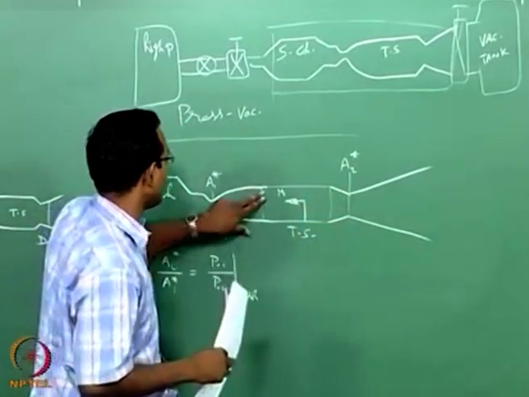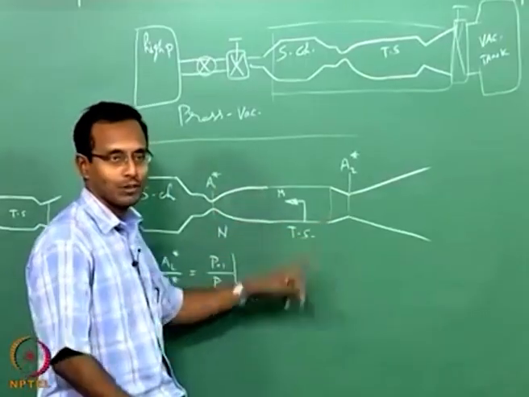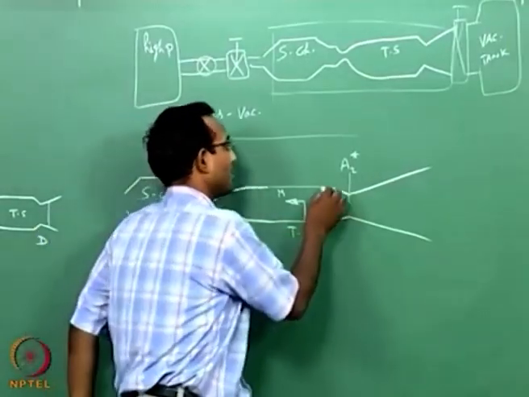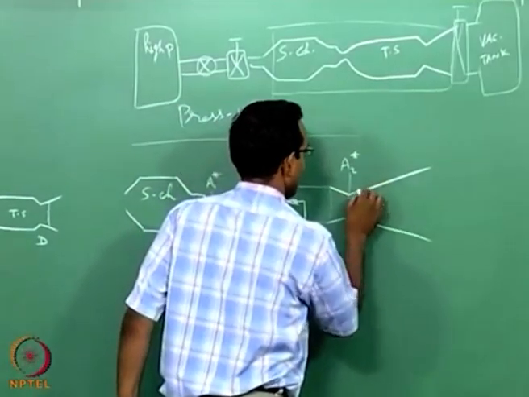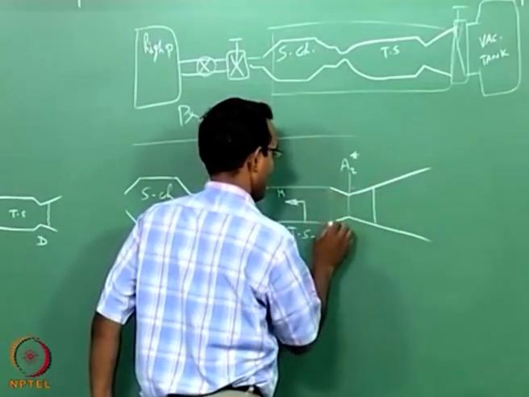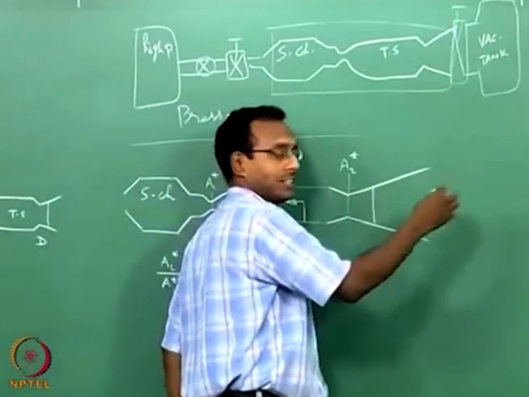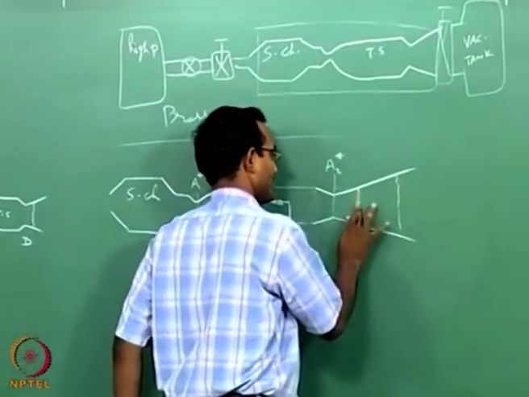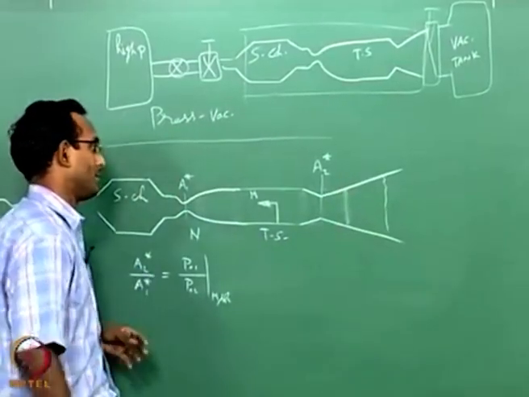If I increase my P naught some more, from here, it has to go to a higher area than this. So the next higher area is sitting past this point. So the shock may go there, which is higher than this particular level. And from there, if I keep on increasing P naught, it may go and sit even further downstream. Okay. That is also going to happen.